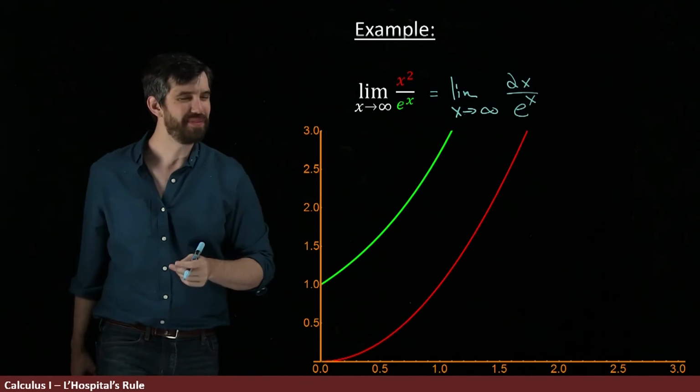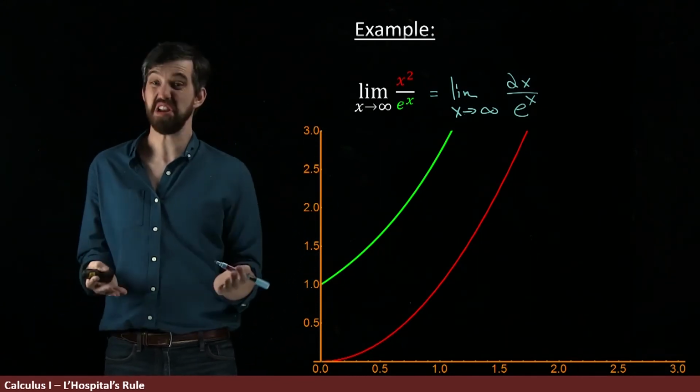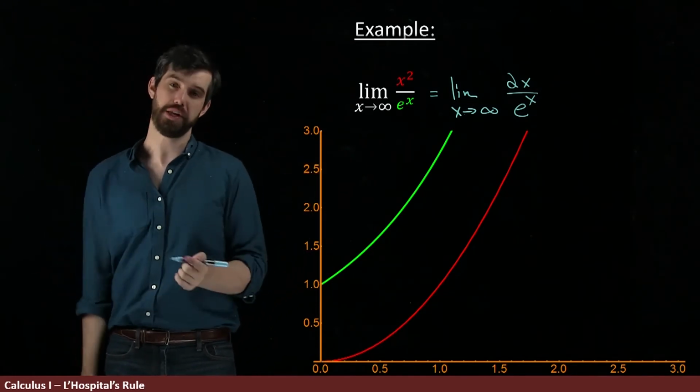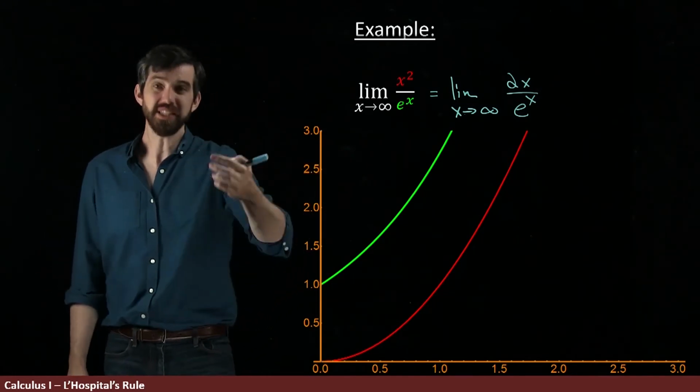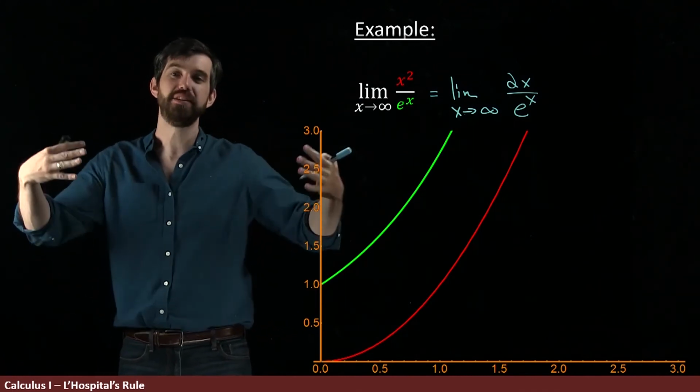Okay, was that helpful? Well, it's still infinity over infinity. 2x diverges to infinity, e to the x diverges to infinity. However, because it's infinity over infinity, it's still an indeterminate form, so I can apply L'Hopital's rule a second time.